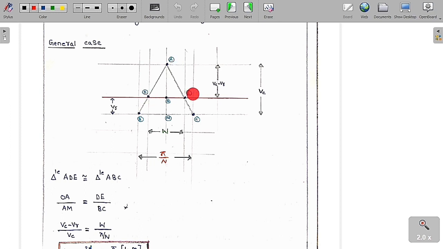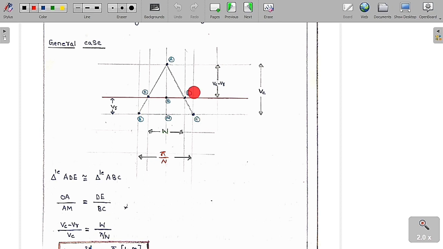Triangle ADE and triangle ABC are the similar triangles. So we can equate the corresponding ratios, which is OA by AM is equal to DE by BC.